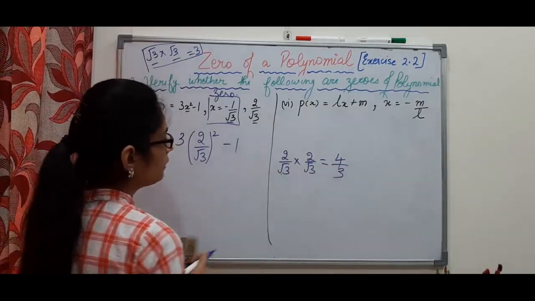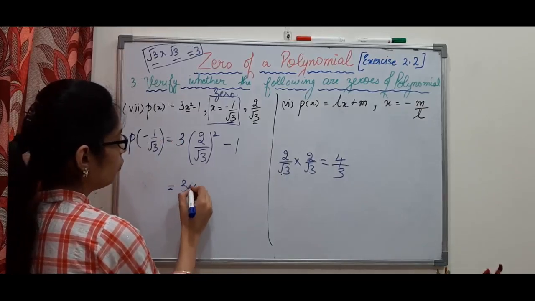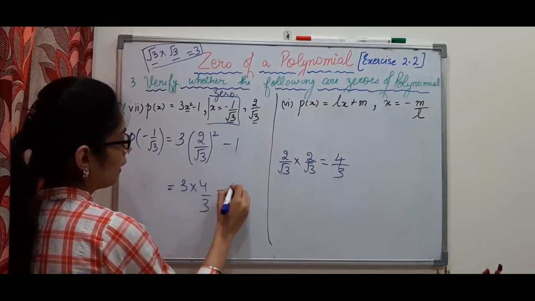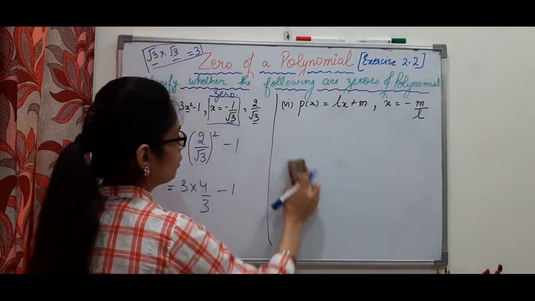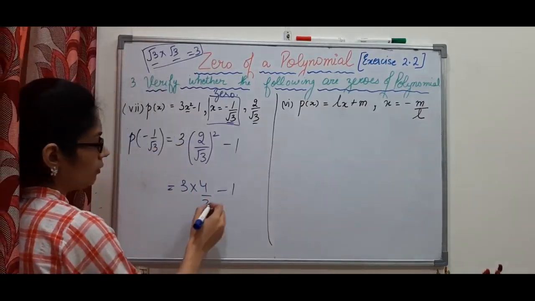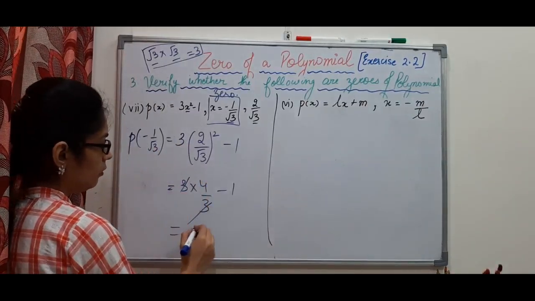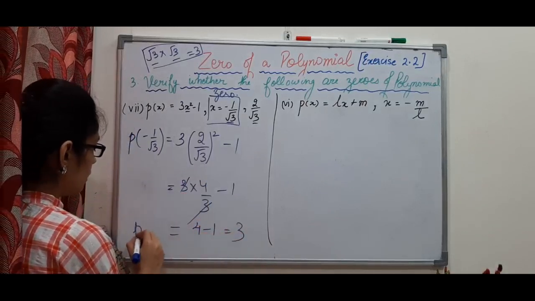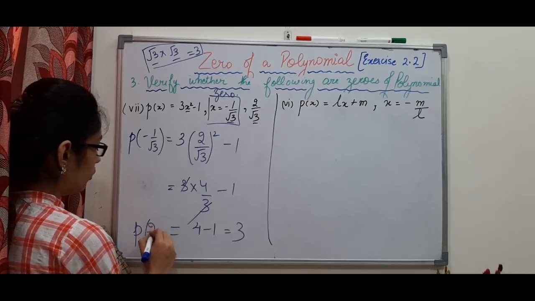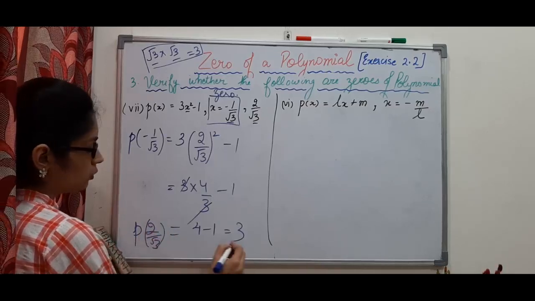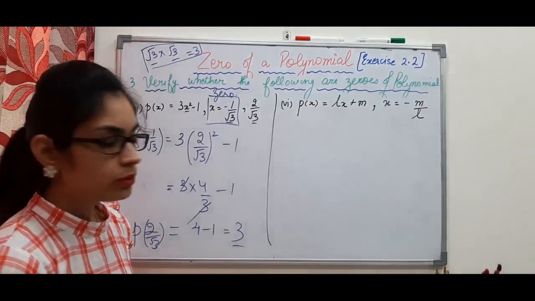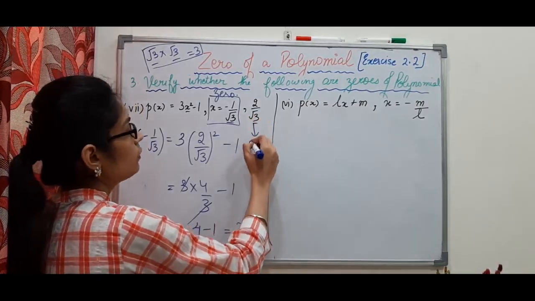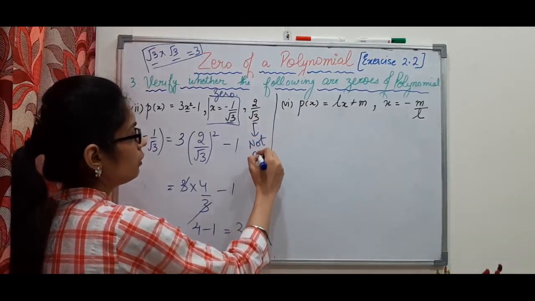So we get 4 by 3, so 3 into 4 by 3 minus 1. This 3 will get cancelled with this 3 and we get 4 minus 1, which is equal to 3. So the value of the polynomial at 2 by root 3 is equal to 3, which is not equal to 0, which means this is not a 0 of the given polynomial.